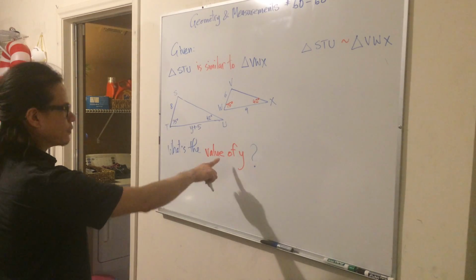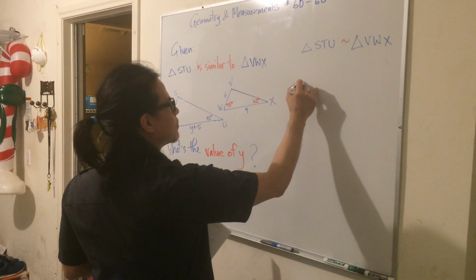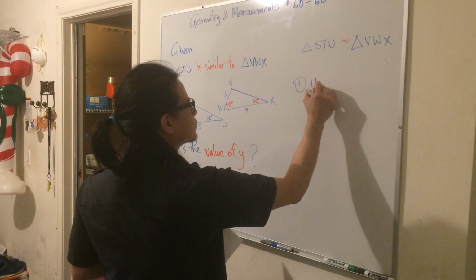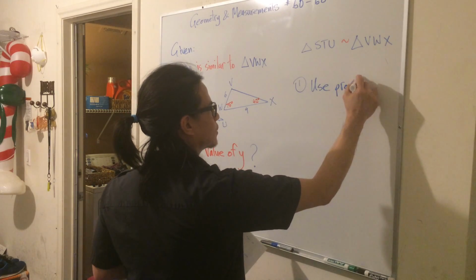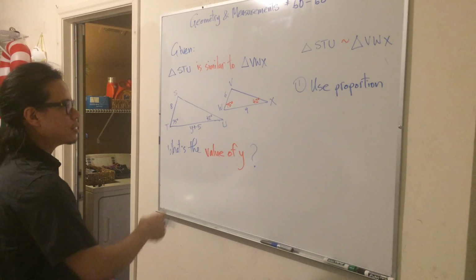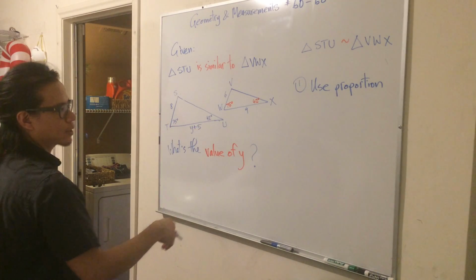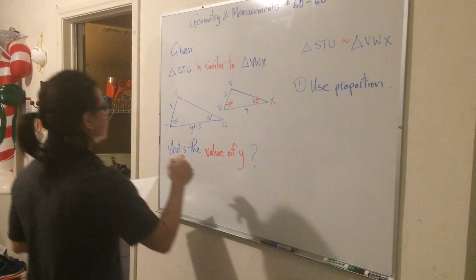To find out the value of y, we're going to, step 1, use proportion. Use that word again. Don't let that intimidate you. It's just like a ratio. So we're going to take the sides and compare.